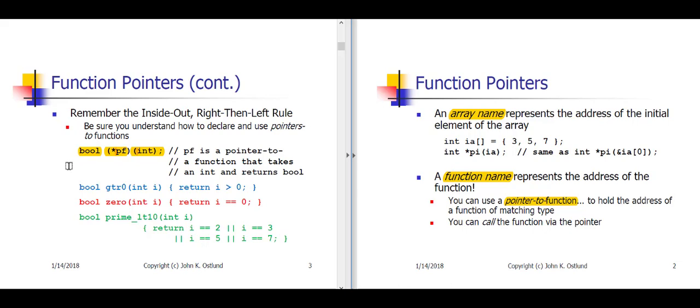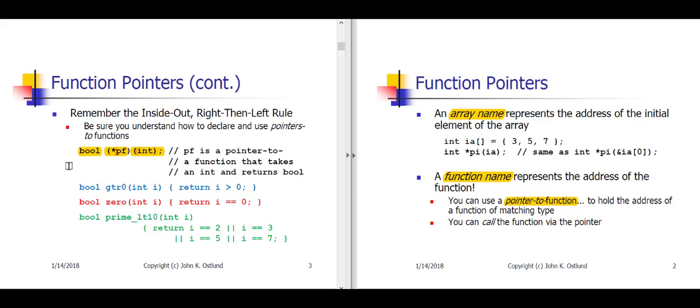And in particular, it will return true if its argument is exactly 0, otherwise false. And the third function, prime lt10, takes an int and returns bool. It tests whether its argument is a prime number less than 10. And there are only 4 prime numbers less than 10, 2, 3, 5, or 7. So if the argument is one of those values, 2, 3, 5, or 7, this function will return true, otherwise false. All right, so we've got a pointer to a function that takes int and returns bool, and we have 3 functions that take int and return bool.